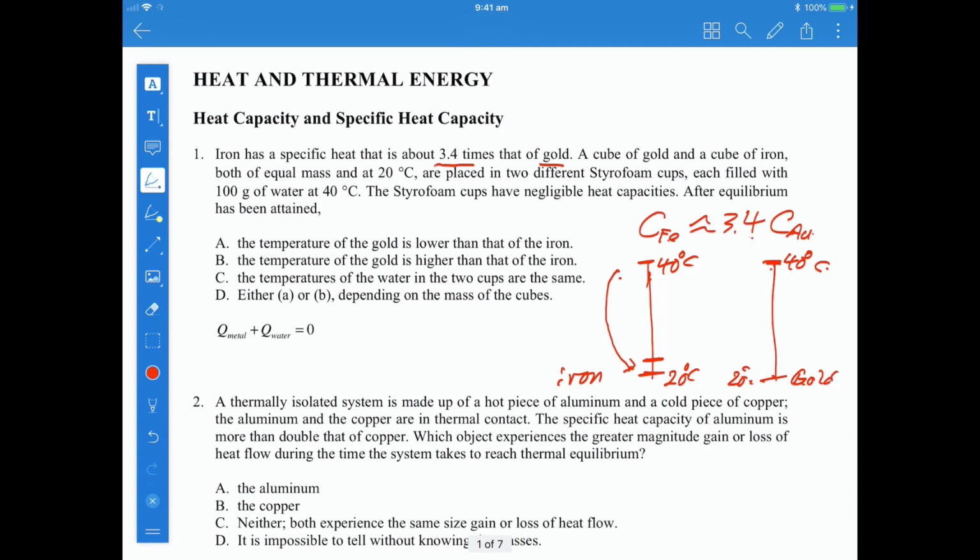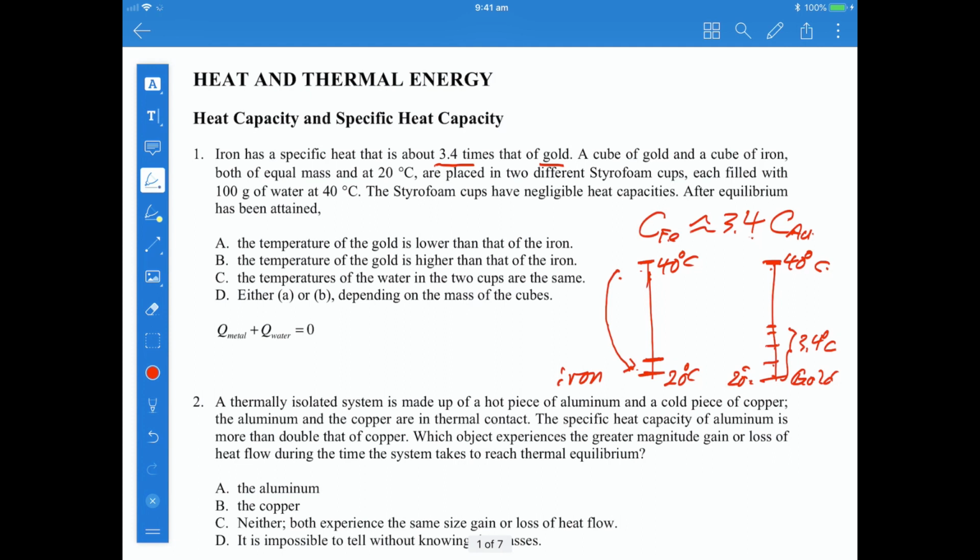It means for the same amount of energy to transfer from water to iron, this amount of energy will rise the temperature of gold 3.4 degrees instead.